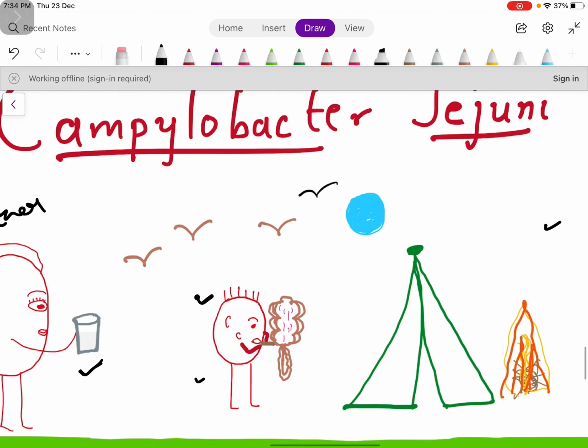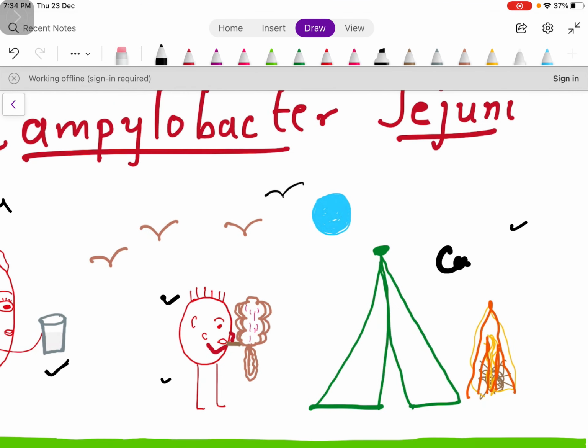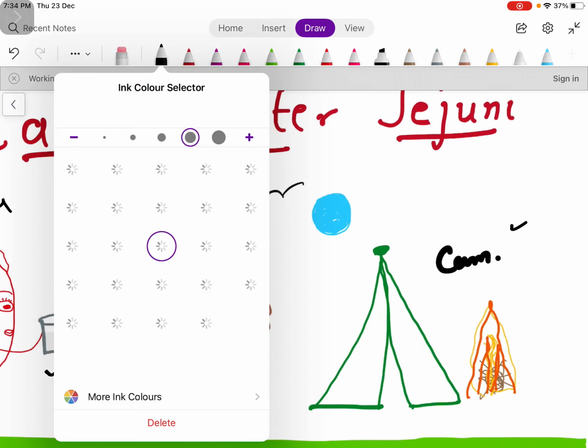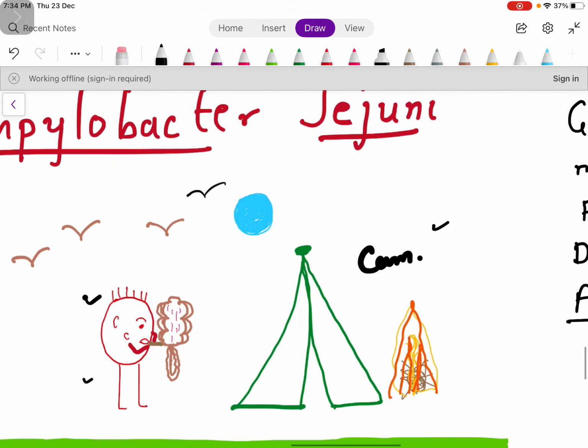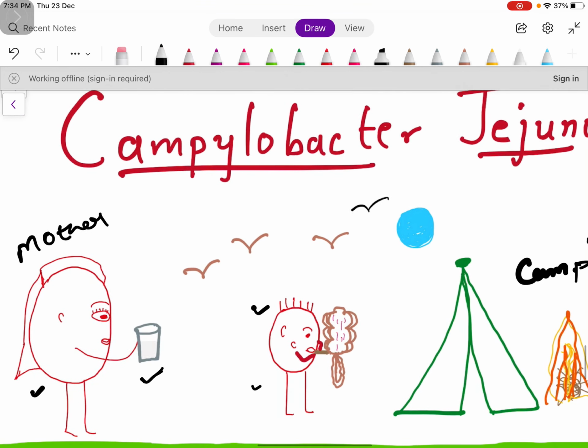Okay, now let's remember everything. With this campfire scene, you can remember the name Campylobacter jejuni, right? Now they are gram negative. So how to remember it easily? You can see I have drawn this bacteria in a pink color.